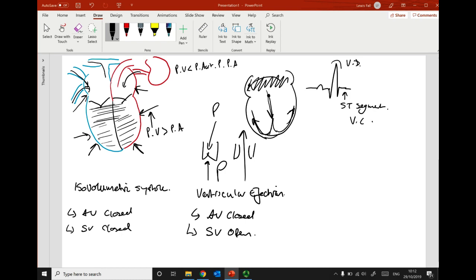The semilunar valves open, so we can draw them in like that, and now blood will go out of the ventricles, either into the lungs or into the rest of the systemic circulation.